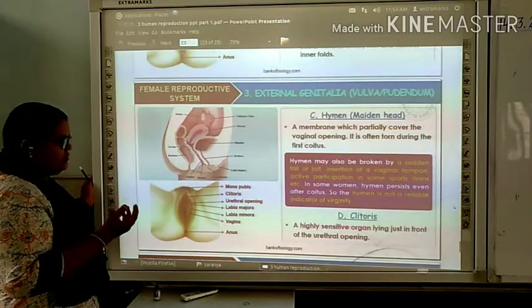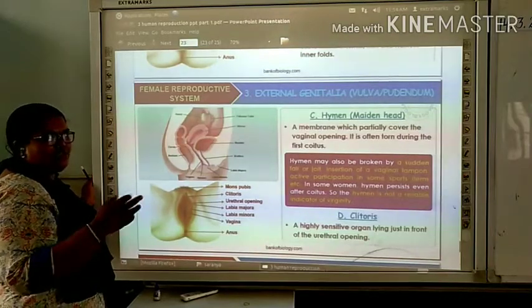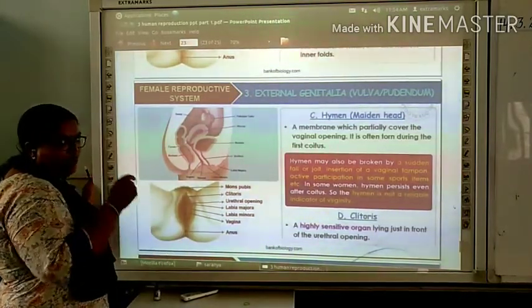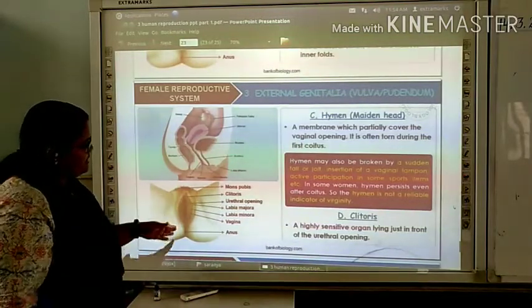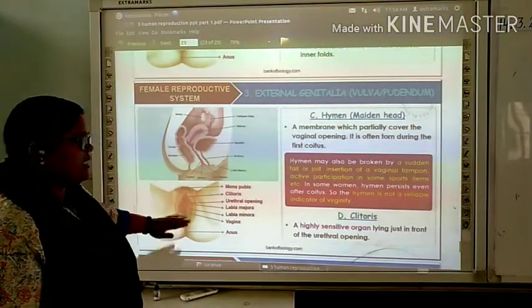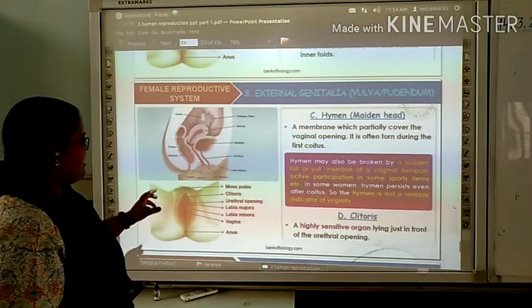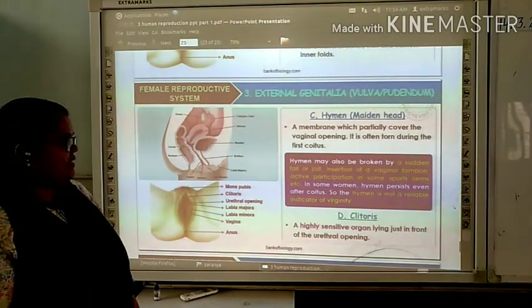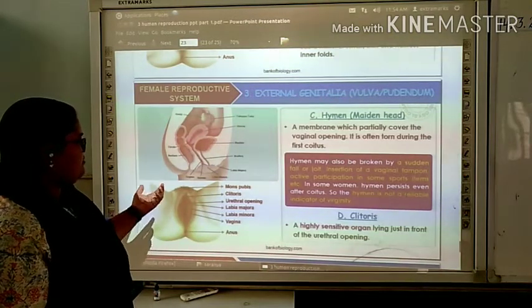The color of the labia minora can change in adults, right? Inside that you can see the vaginal opening, right? In the vaginal opening there will be a partial membranous covering, right? This covering is known as the hymen, or otherwise the maidenhead, right?